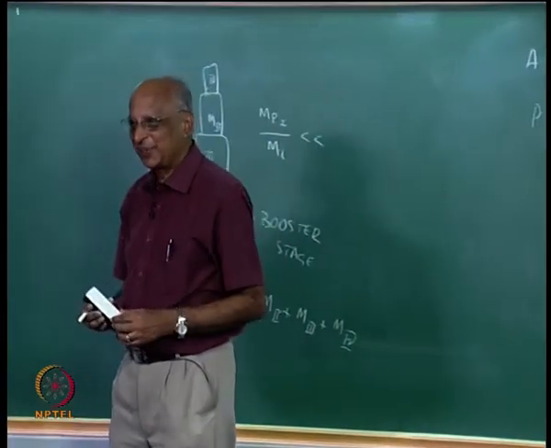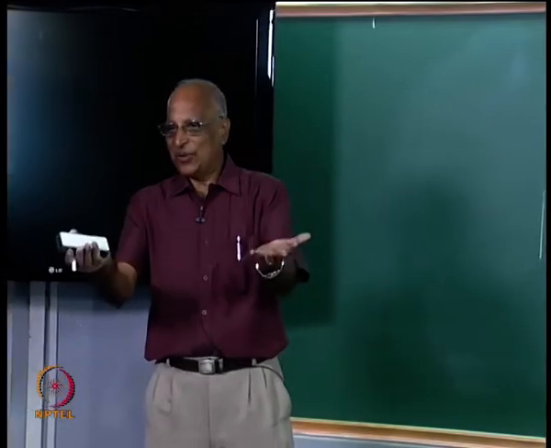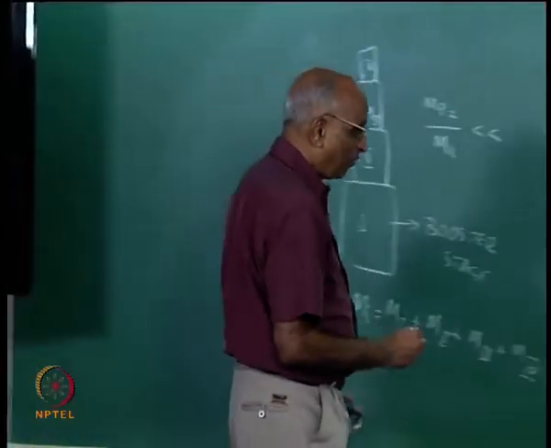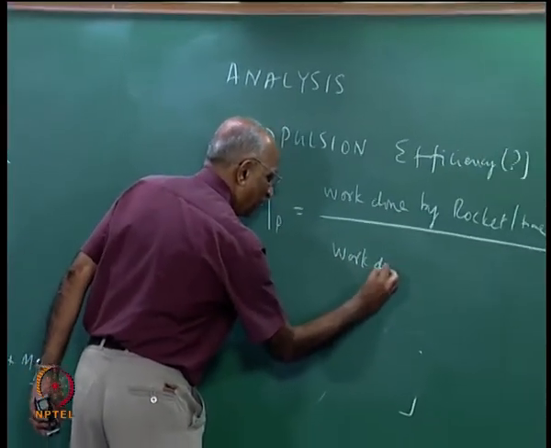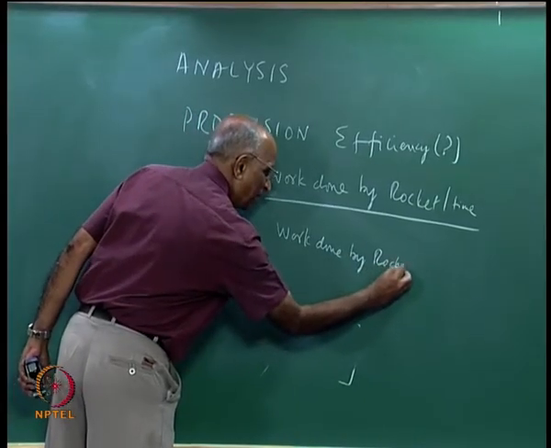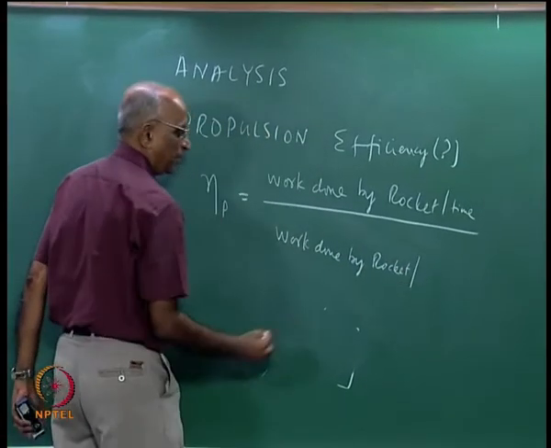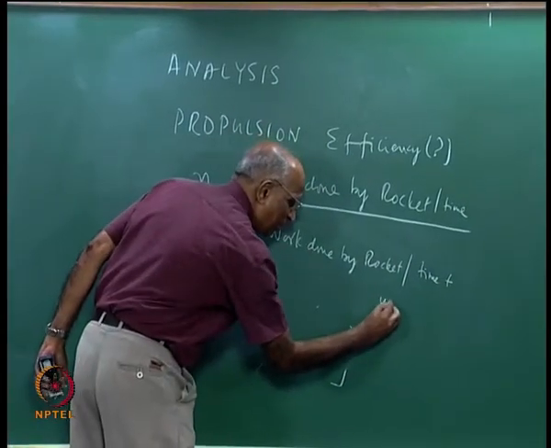What is your guess? Work you do on the rocket to make it go up, and what should it be? The work done by the rocket, again let us say work done by rocket per unit time plus the work wasted by the rocket.